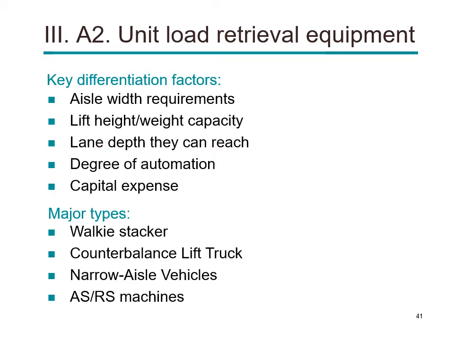Is it possible to reach the second lane so that you can use double deep lanes, or can they only reach single deep? Degree of automation: do they need an operator to work? Is the operator walking with the item or driving the item, or is it just an automated system? And the capital expense that is required for each one of these items. The major types of these unit load retrieval equipment are walkie stackers, counterbalance lift trucks, narrow aisle vehicles, and ASRS machines. So let's see some examples.